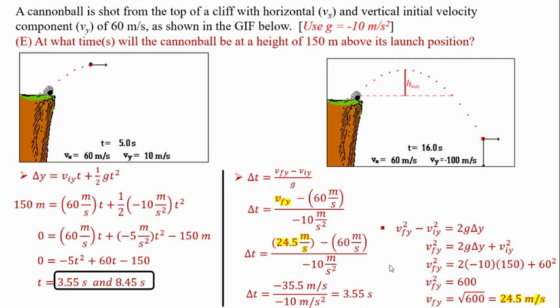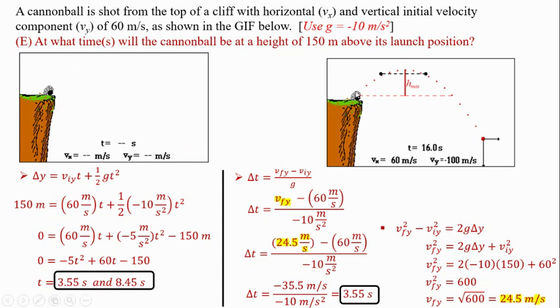All right, so conceptually, that gives us the first answer of 3.55 seconds. Well, what about the 8.45 seconds, right? Well, the 8.45 seconds can come just from a little bit of deduction. Okay, so here we just found, watch this image on the top right here, that black line because I know it hits 150 at 2 different points in time.